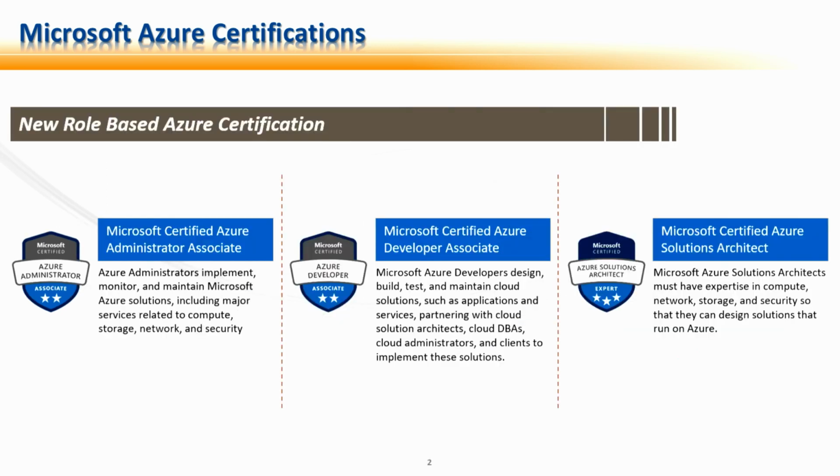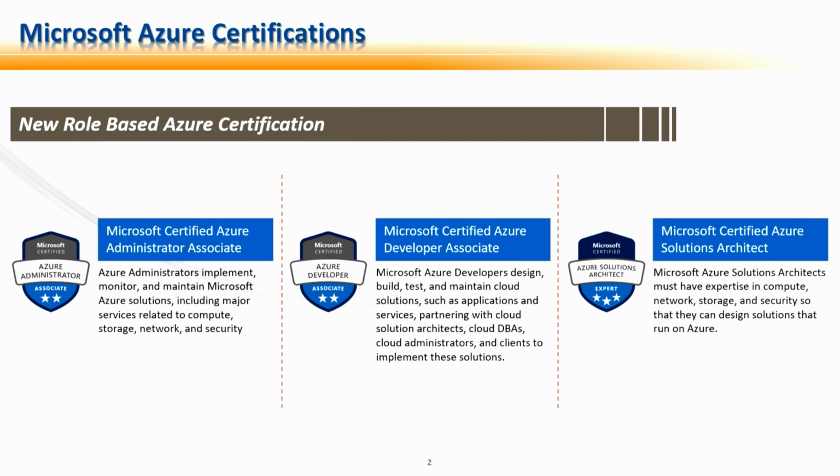Microsoft released the three new role-based certifications before their Ignite session in September 2018. These certifications were released as a replacement of the three old certifications from Azure, which are 7532, 7533, and 7535.